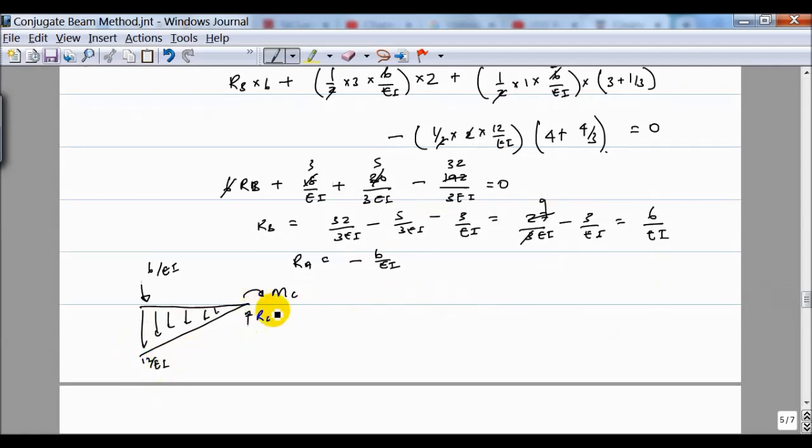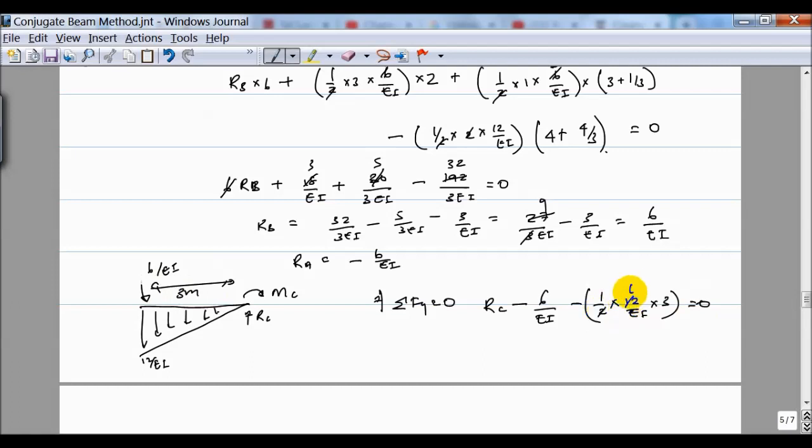So what I can find is, I find this equilibrium by vertically balancing all the forces. So that gets me RC minus 6 over EI minus half into that load due to this triangular load, 12 over EI into the distance, which is 3 meters, equal to 0.